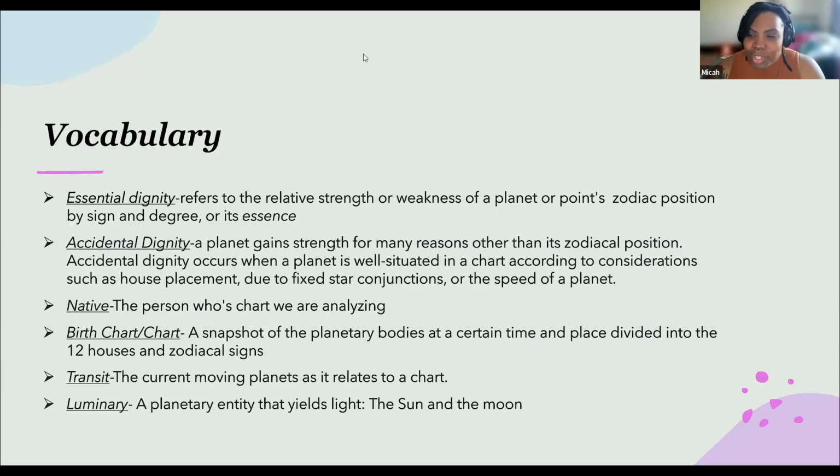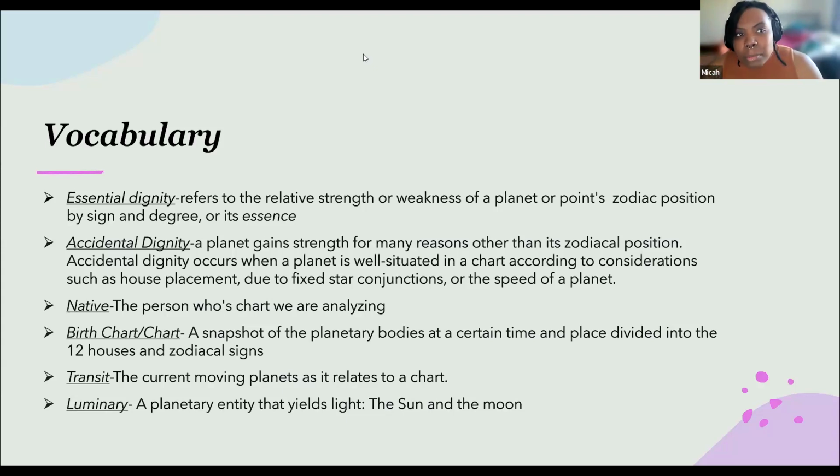And then of course the birth chart is a snapshot of the planetary bodies at a certain time and place, divided into 12 houses and zodiac signs. So remember that a birth chart is a snapshot. It is a still of what was happening when somebody was born or an event took place, because events do have birth charts.